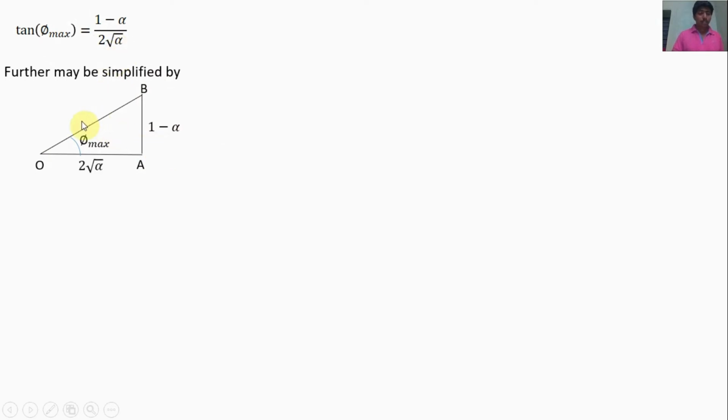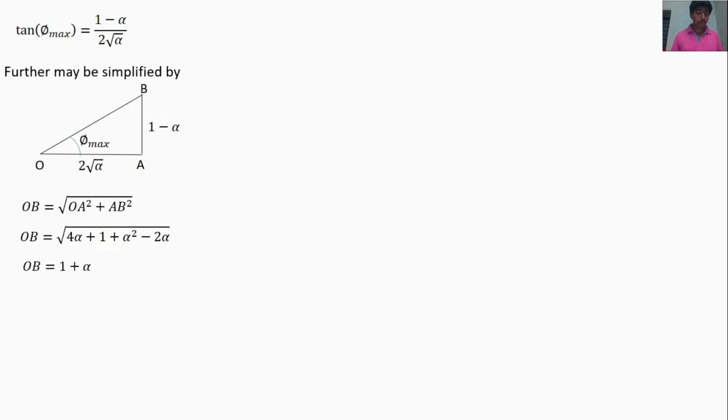So the hypotenuse OB is equal to root of OA square plus AB square, by the Pythagoras principle. Substituting the values, OB is equal to root of (2 root alpha) whole square, which is 4 alpha, plus (1 minus alpha) whole square. And (1 minus alpha) whole square is equal to 1 plus alpha square minus 2 alpha.